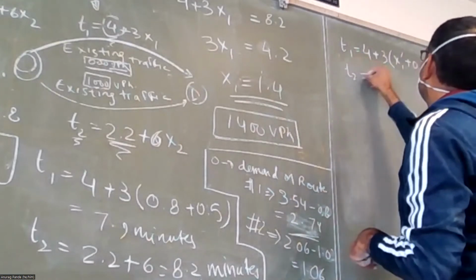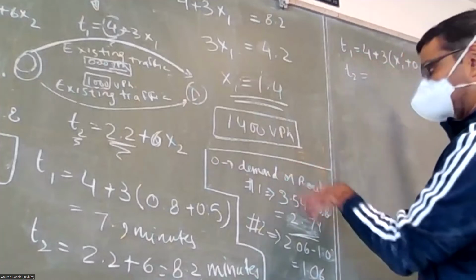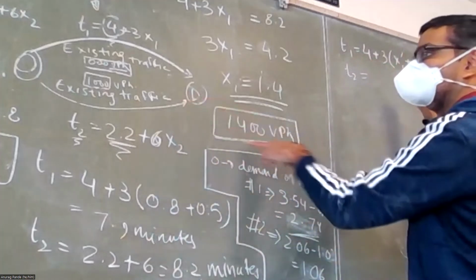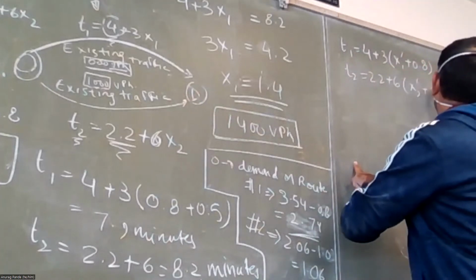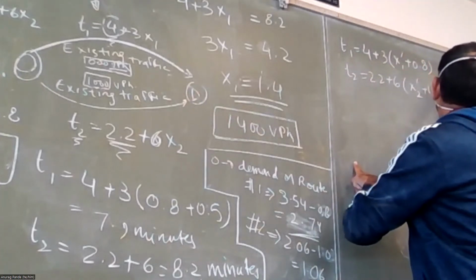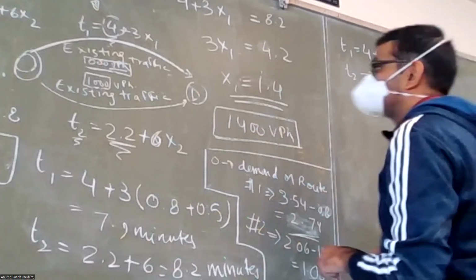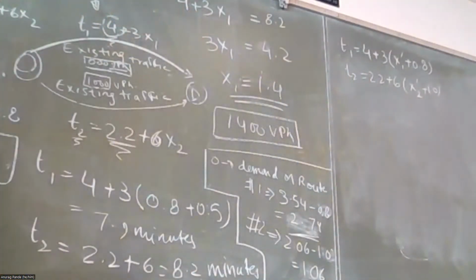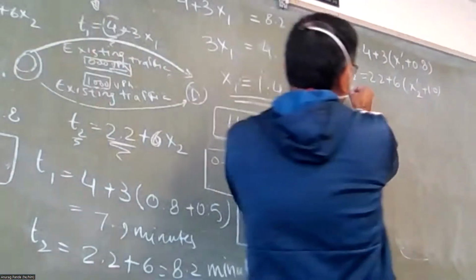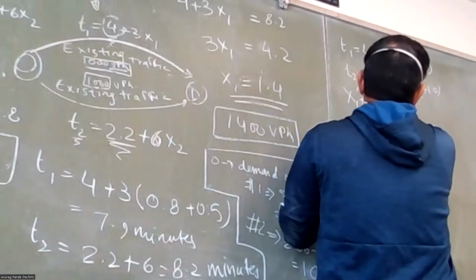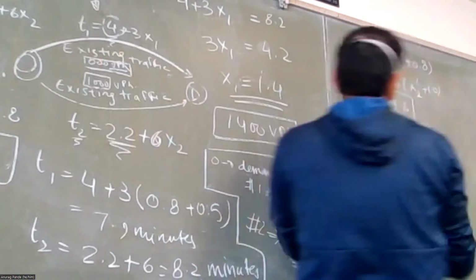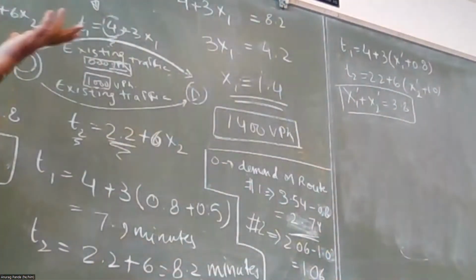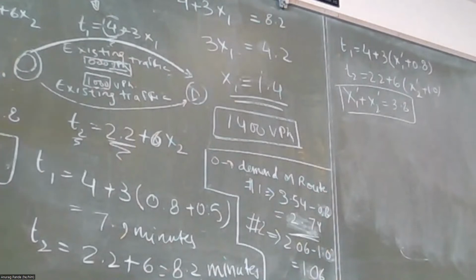And T2 will be 2.2 plus 6 times x2 prime plus 1.2. Is that right? Yeah. Okay. And now I can go ahead and solve for x1 prime and x2 prime. And I can even do now x1 prime plus x2 prime equal to 3.8.